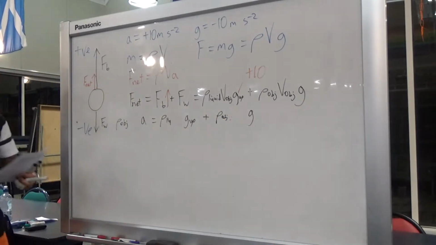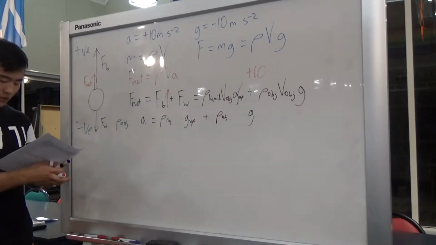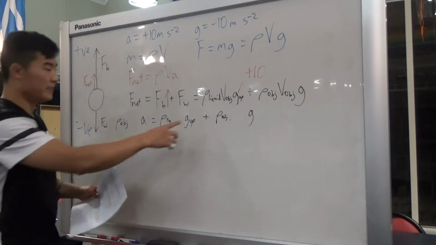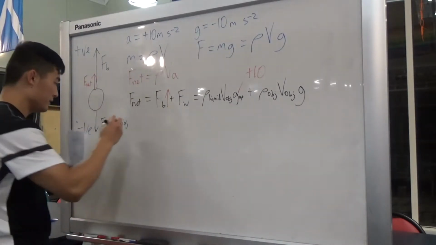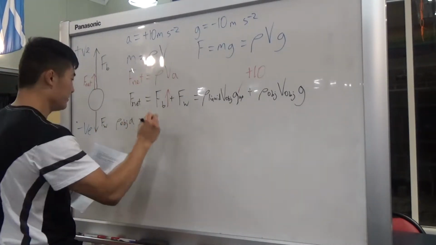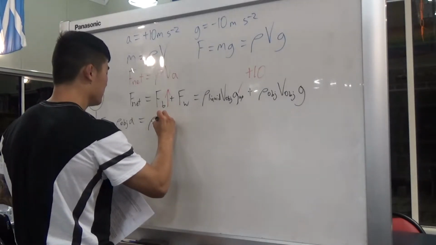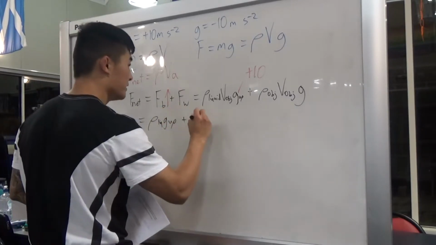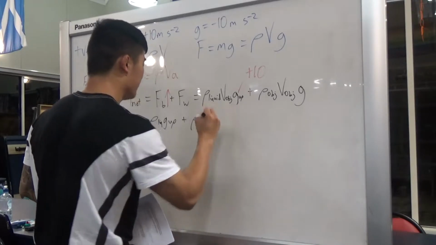Okay, and then what you want to do is, I'll just write this again, sorry. So density of object times acceleration is equal to density of liquid times gravity up plus density of object times gravity.